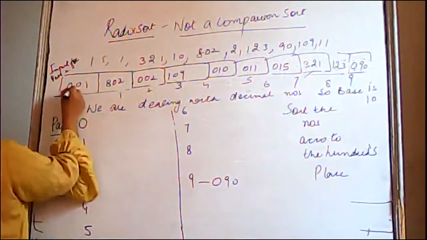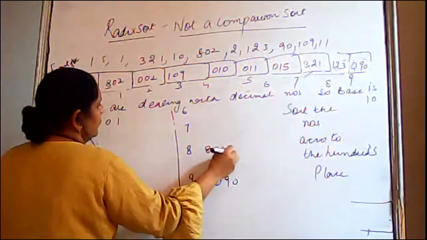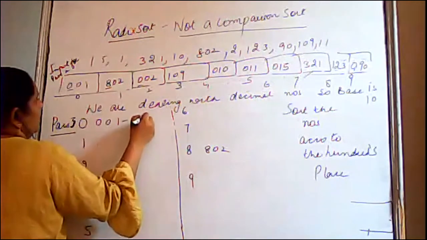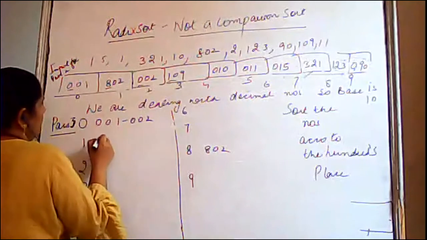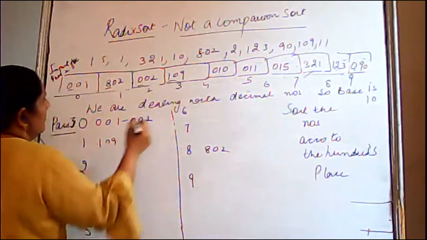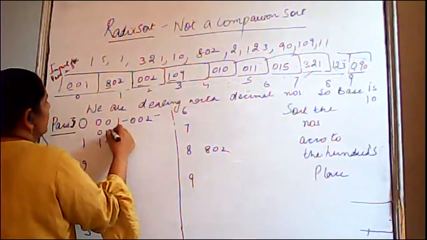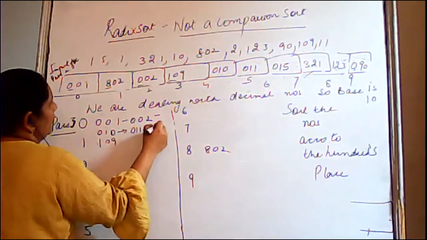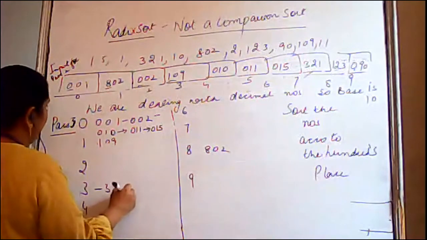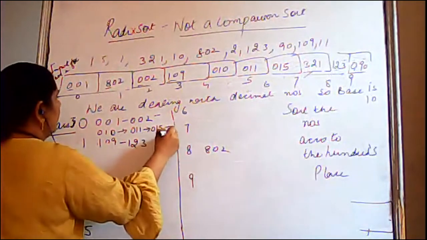Take the most significant digit. 001, 802, 002, 109, then 010, 011, then 015. Fine. 321 will come here, 123 will come here, and 090 will again be here.